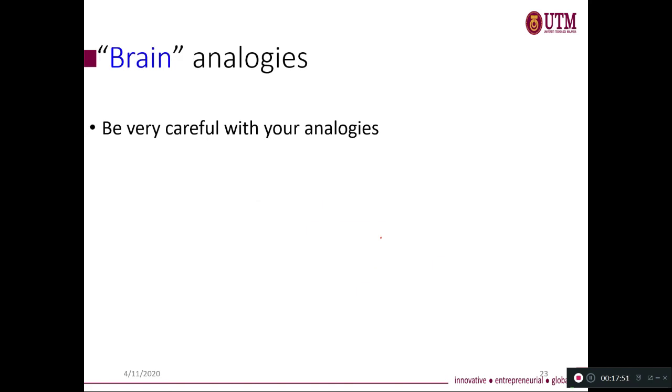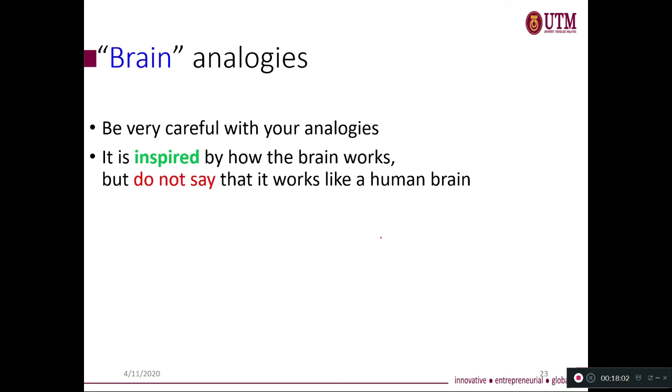Okay, this is just a reminder. Be very careful with your analogies, meaning that an artificial neural network is inspired by how the brain works, but do not say that it works like the human brain.